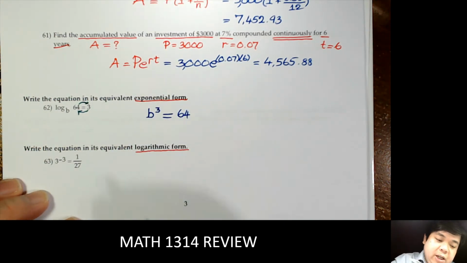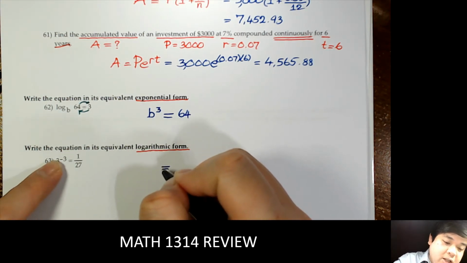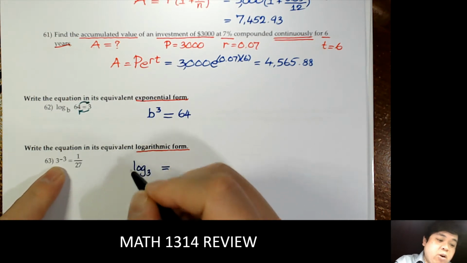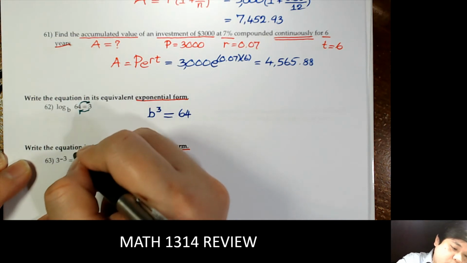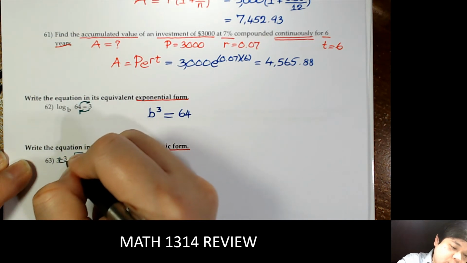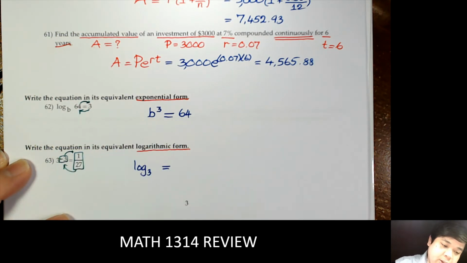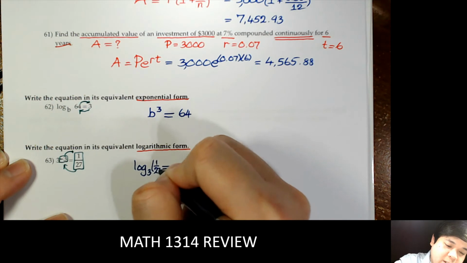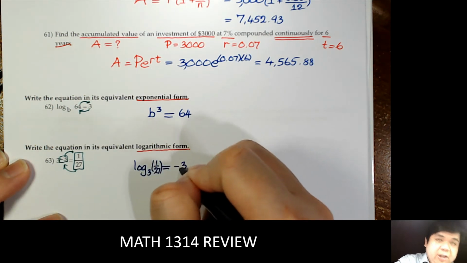Logarithmic form also requires knowing what the base is. The base is 3, so we have log base 3. We're going to keep that in the same position as the original problem, and then we swap the other two: 1/27 here, and then the -3 on the other side.